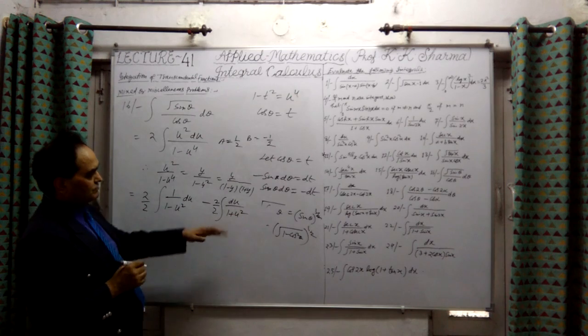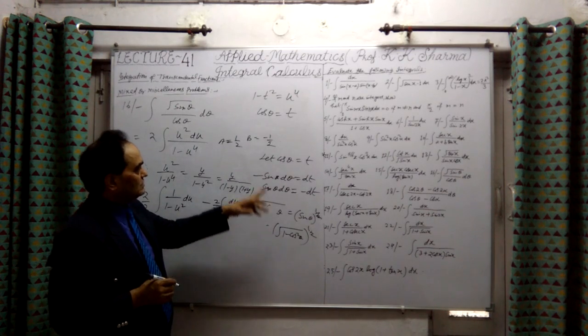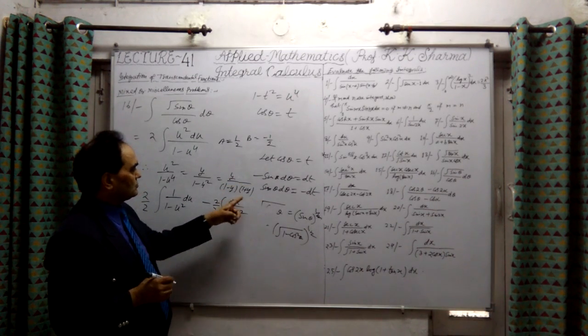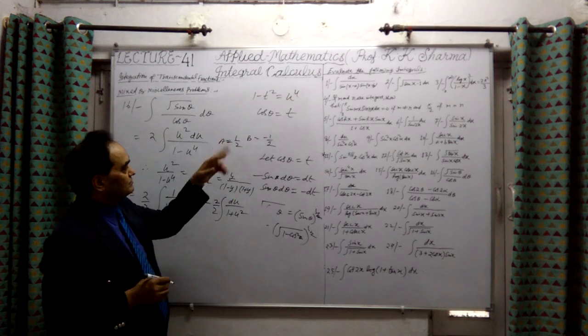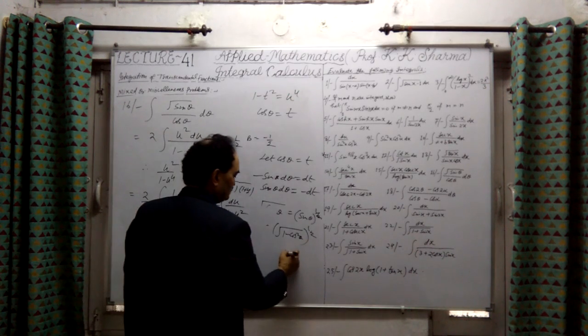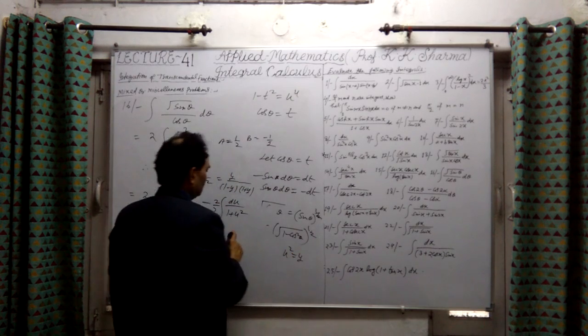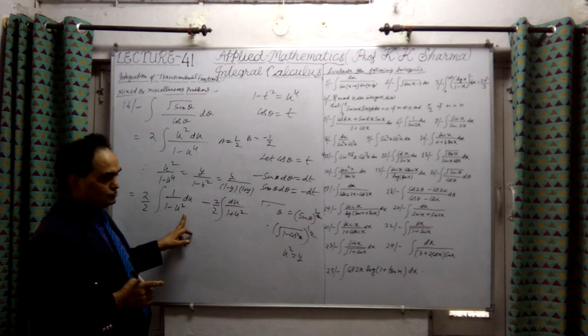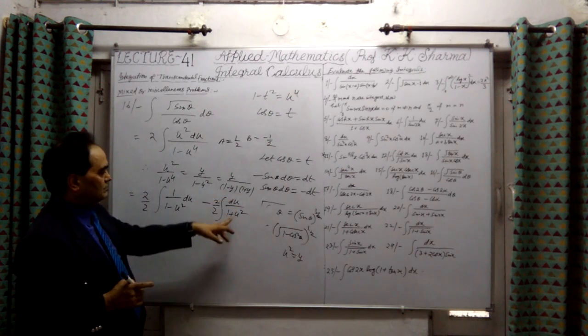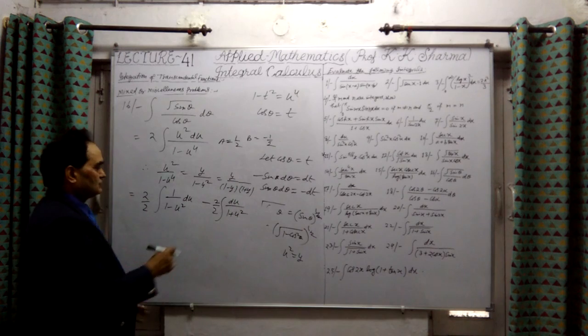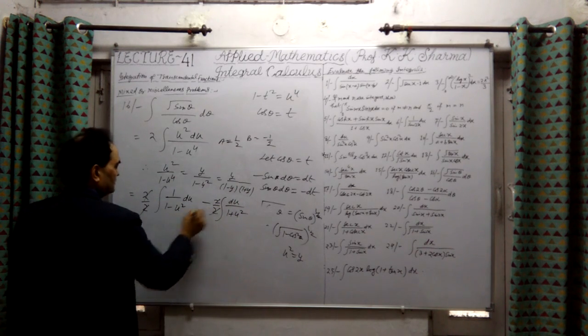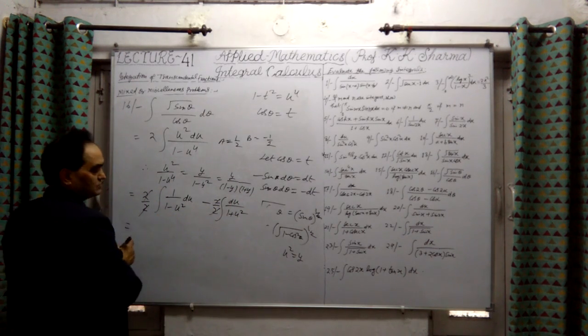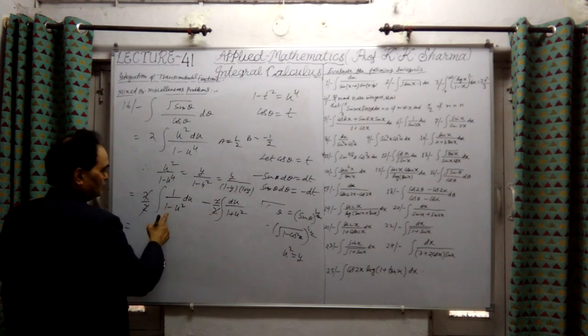We substituted y equal to u square there. So 1 plus y means 1 plus u square. So these are the two parts we have divided this into. This will be 1 minus u square. What is this equation? This is a square minus x square.